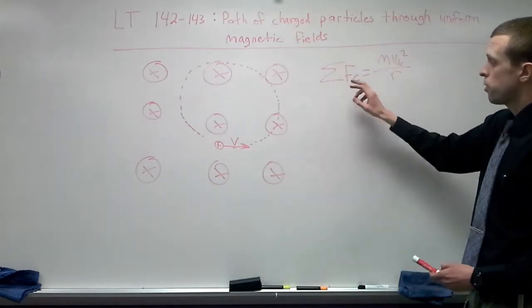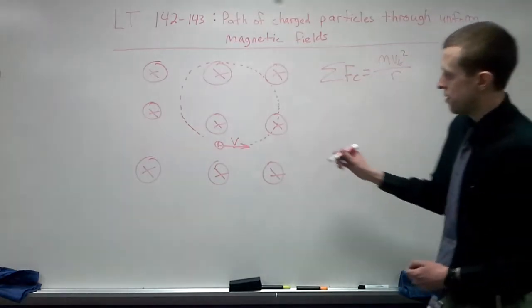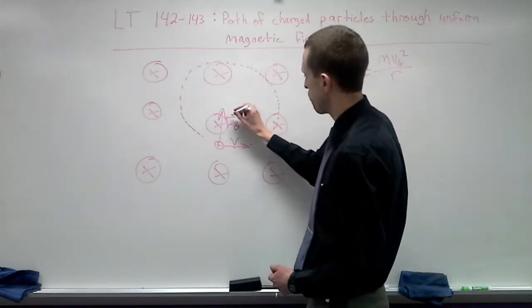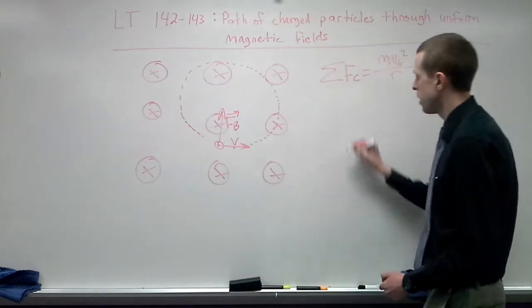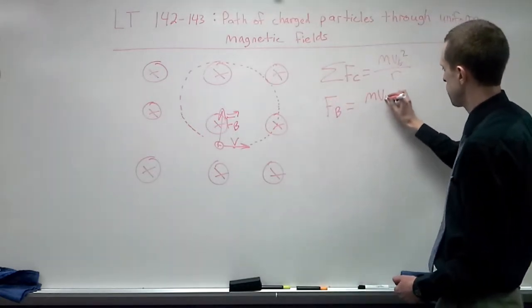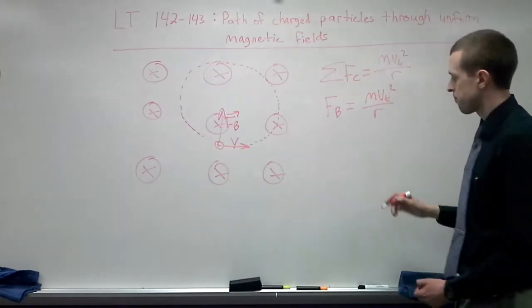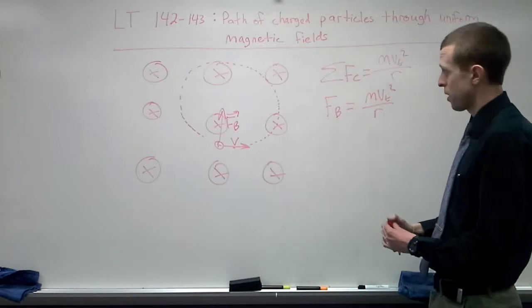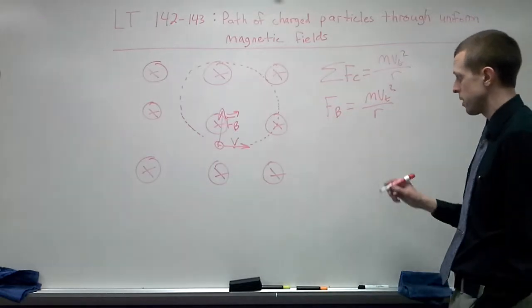Our force toward the center of the circle is that force from the magnetic field. We call that the B force, or the magnetic force. So that'd be F_B is mv_t squared over r. We know direction here, so we don't need to worry about doing the cross product. We can just have the magnitude now.